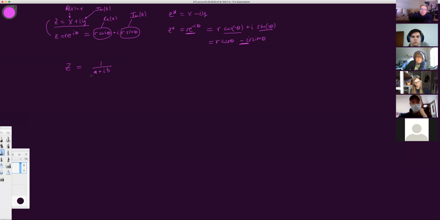Yeah, so you're going to multiply the top and bottom by the complex conjugate of this bottom part. So we multiply the top by a minus ib and the bottom by a minus ib. And that's going to give us on the top just a minus ib, and on the bottom, a squared plus b squared, right?